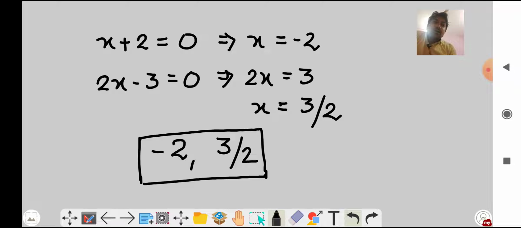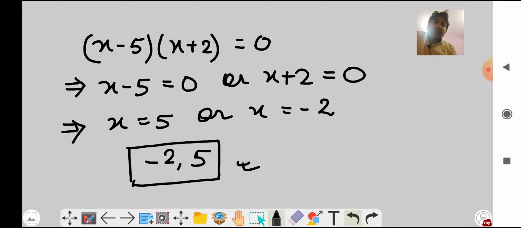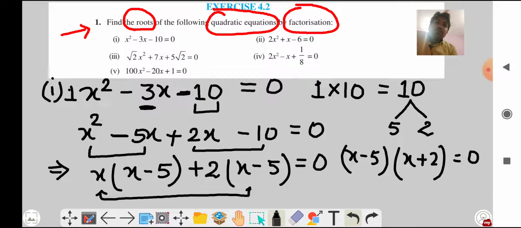See, so this one is also very simple. Question number first part, second part we have covered. So moving to the third part. Root 2 x square plus 7x plus 5 root 2 equal to 0.